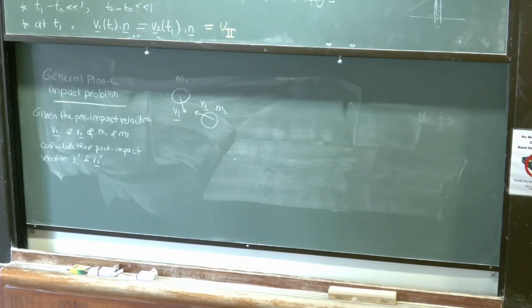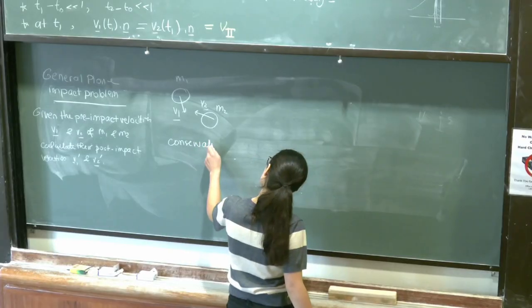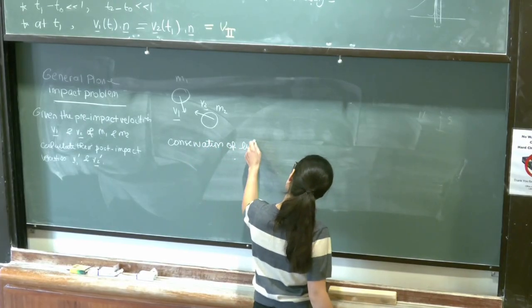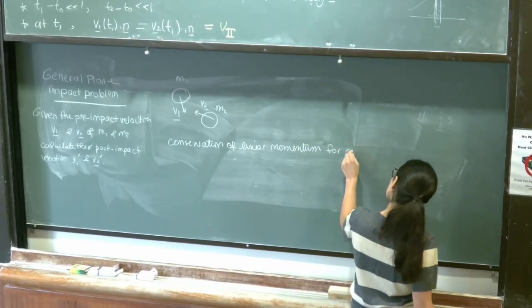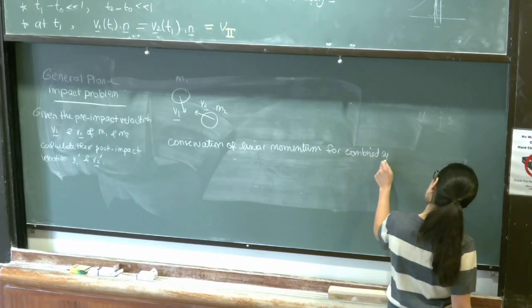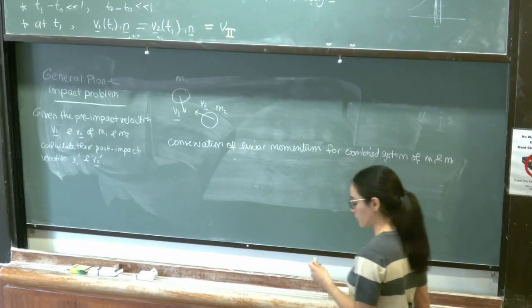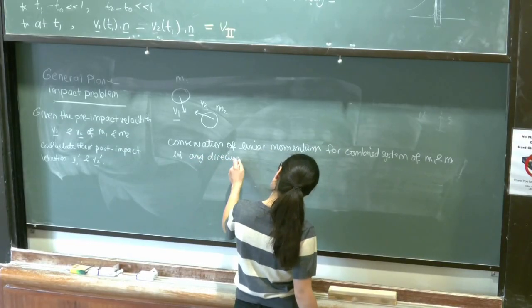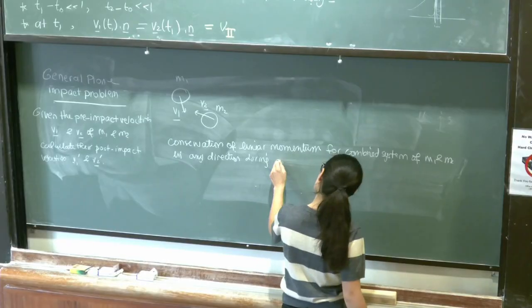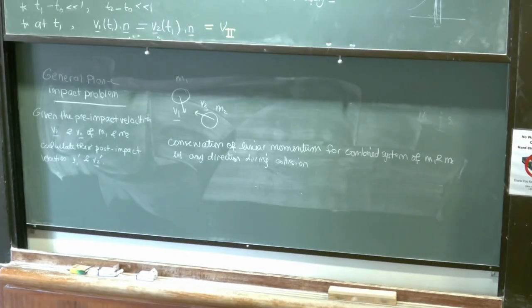So let us think. Conservation of linear momentum of the combined system of M1 and M2 during collision in any direction.